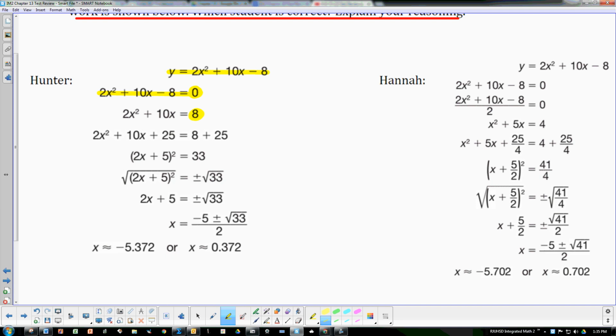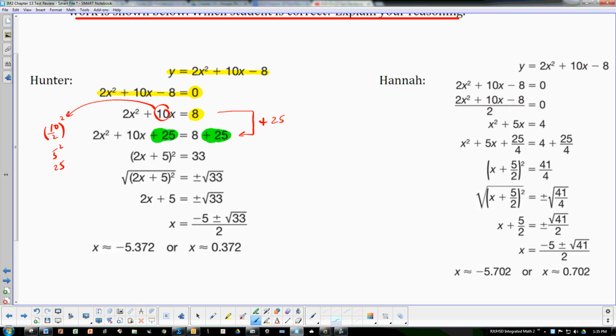And next, what it looks like is we added 25 to each side. Now let's see what happens here. From this step to this step, Hunter added 25. Well, I can see kind of what he did. He took this 10, divided it by 2, and squared it, which would be 5 squared, and that's 25.